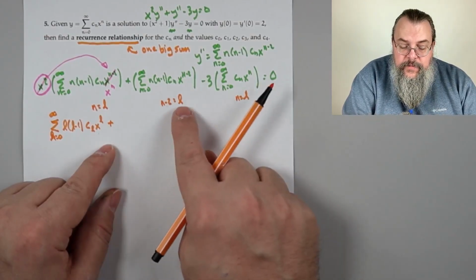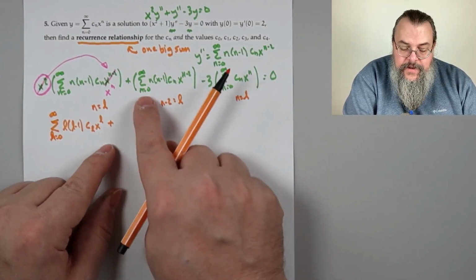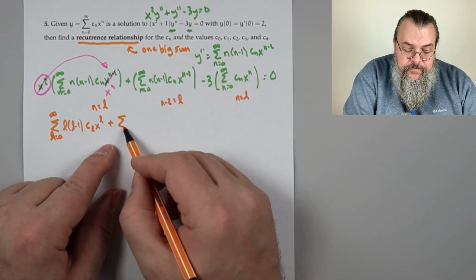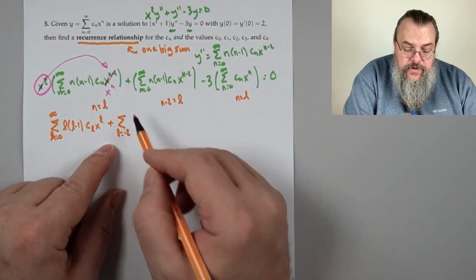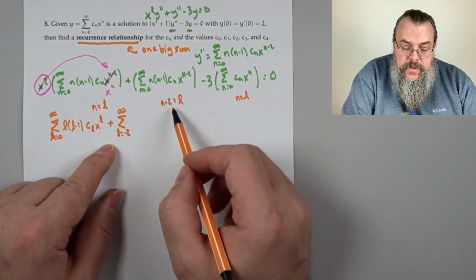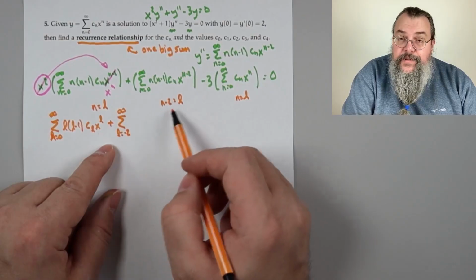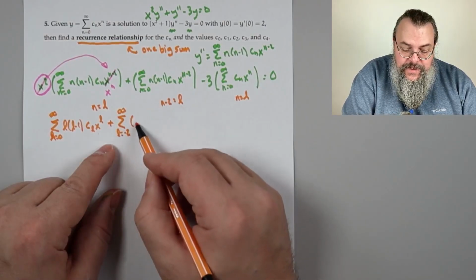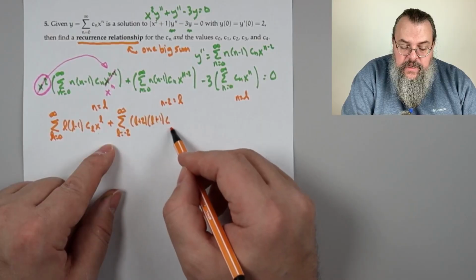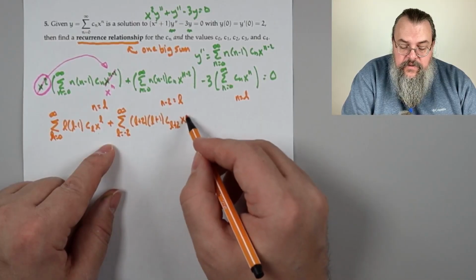If I want L, n equals 0, L should be negative 2. So it's the sum, L equals negative 2 to infinity, and then L is n minus 2, or n is L plus 2. So L plus 2, L plus 1, C, L plus 2, x to the L.